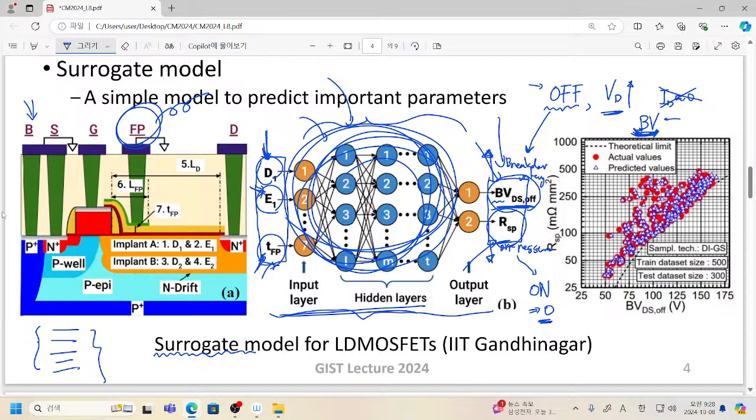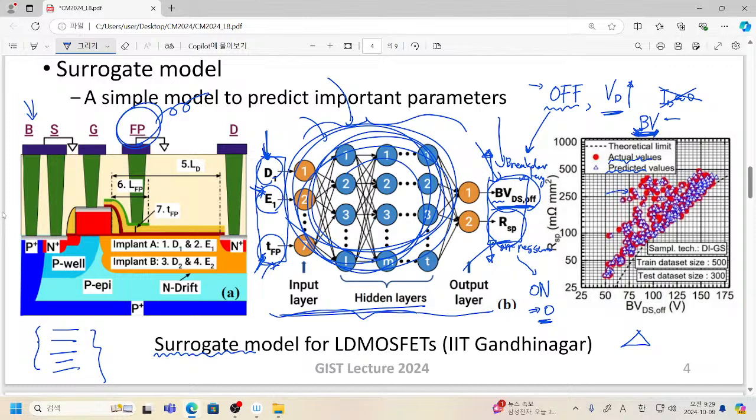And if it is well done, then you know that this is the actual value and the predicted value, meaning this empty blue triangle is just predicted by a surrogate model, so it doesn't take time. And these red dots are obtained from TCAD simulation.